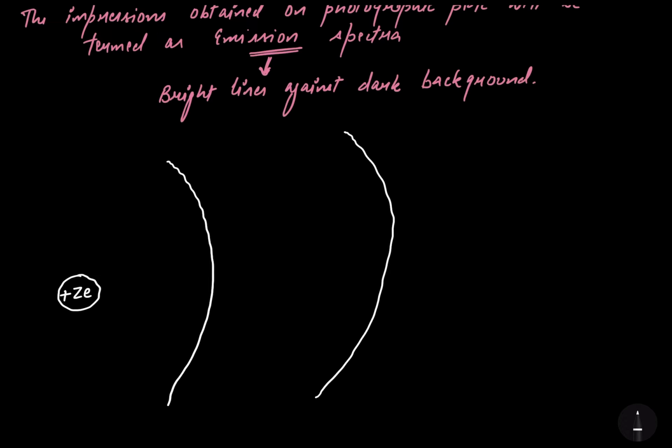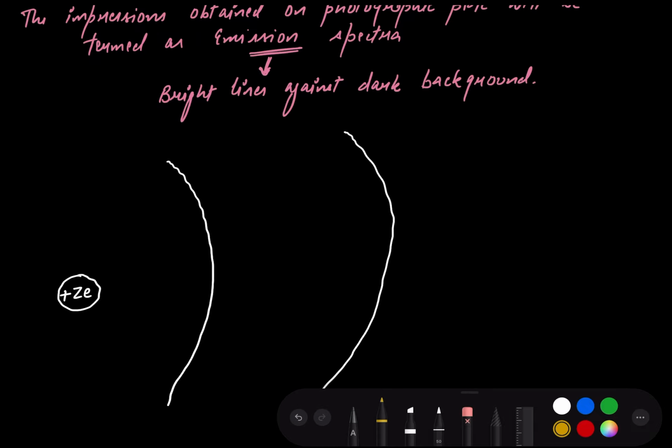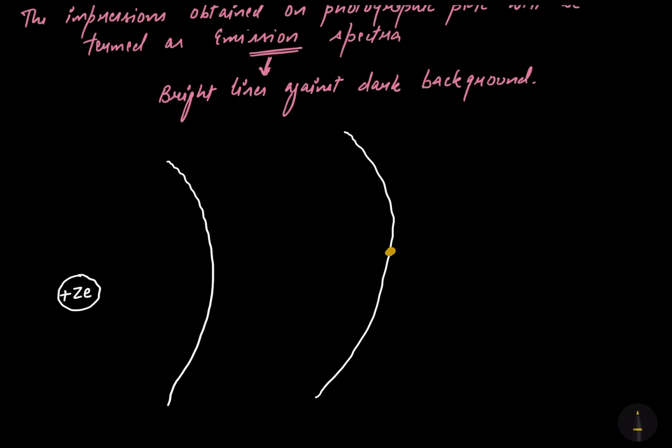Now let us assume the electron is present in the second stationary state, which will have a high energy. Let's represent the energy of the second stationary state by E2 and the energy of the first stationary state by E1, and we know that E2 is greater than E1.